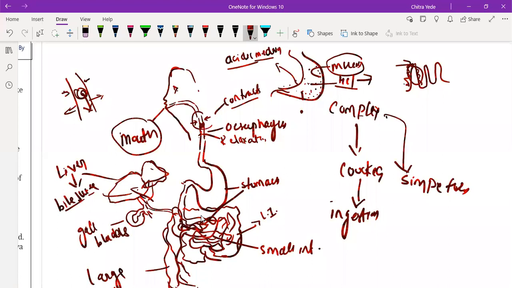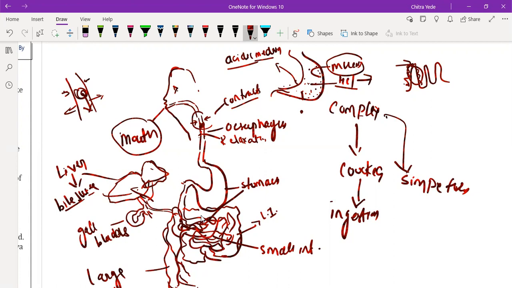That's why, in order to protect the small intestine from the action of acid, the liver supplies bile juice, and the condition of the food changes from acidic to basic. And in a basic medium, nutrients are absorbed easily in the small intestine with the help of villi.